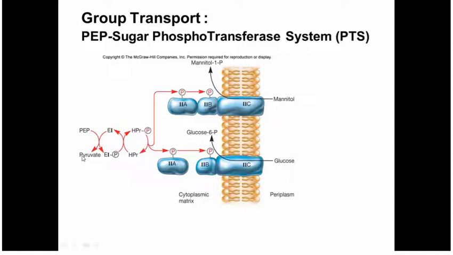And during glycolysis, this step will phosphorylate ADP to ATP, so normally you get one molecule of ATP from this reaction. But when group transport is occurring, the phosphate group first gets transferred to enzyme 1, then to what is called the heat-stable protein, and then finally to the enzyme 2 complexes. And then it ends up on glucose 6-phosphate.